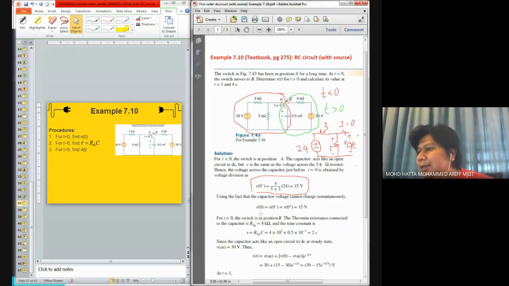Okay. For t greater than 0, the circuit that you should consider looks like this.